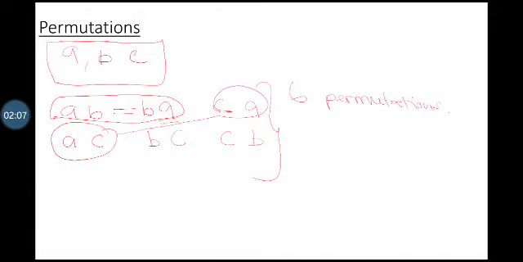These are also the same, so AC and CA are also counted as one outcome. BC and CB are the same under combinations, so they are also counted as one outcome. Therefore, for these three letters arranged in 2, we would say we have 3 combinations.